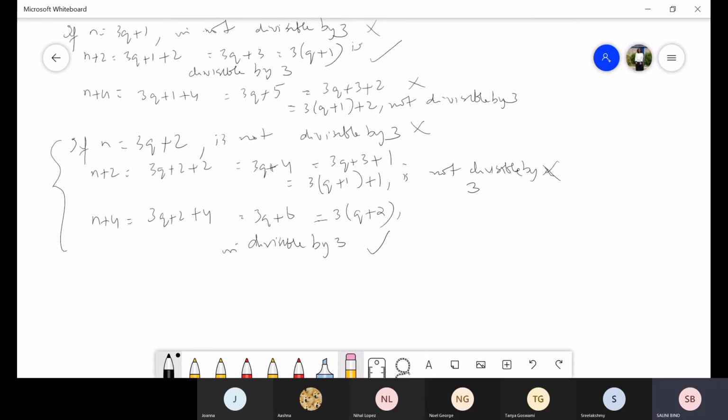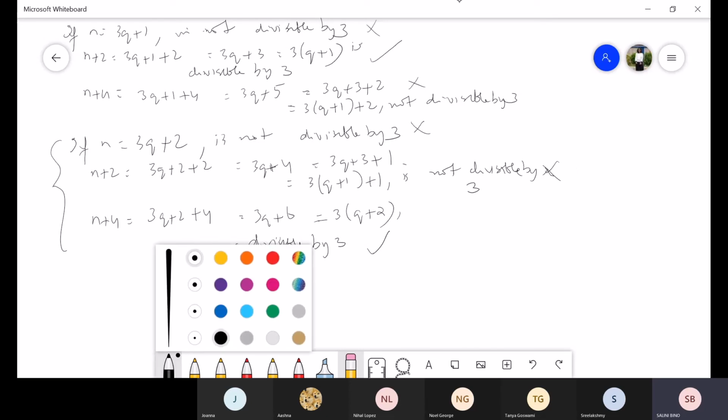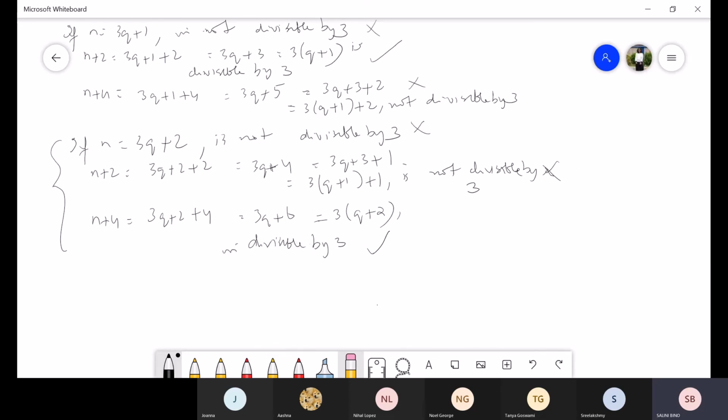So that is what we have to prove. From each set we understand that only one of them is divisible by 3. Therefore, only 1 out of n, n plus 2 and n plus 4 is divisible by 3.